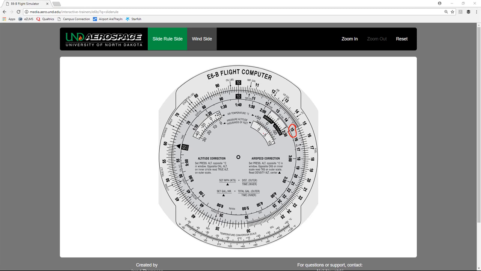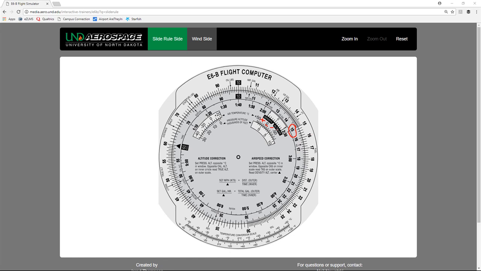Temperature is 15 degrees Celsius. So we are looking at the air temperature scale on the right side of the front of the E6B. You notice the number 0 here. If you look to the left of the 0, these are actually positive values. To the right of the 0 are negative values, which can be a little bit confusing. That's not traditionally how numbers are presented.